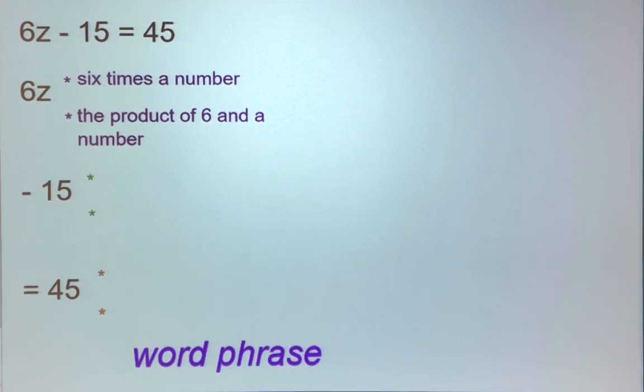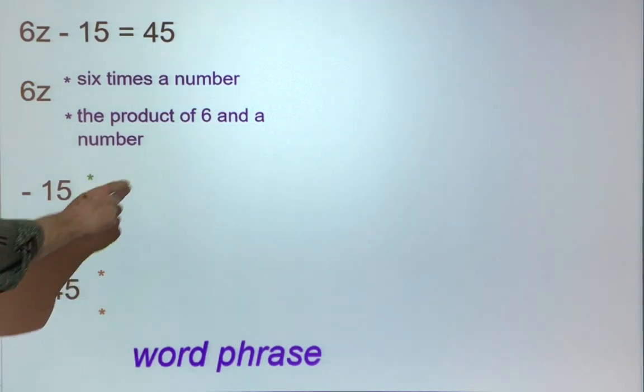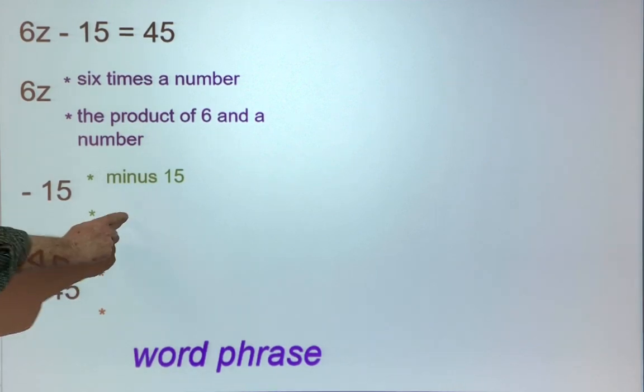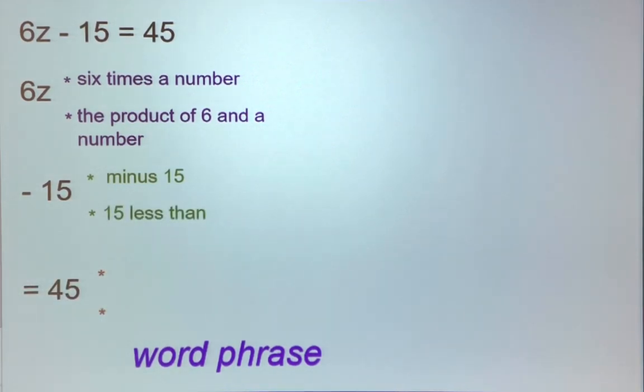When it says minus 15, well, we can write it as just minus 15, or we could say 15 less than, okay? And then the last one is equals 45. Well, we can go with the is 45, or we could go with is the same as 45.